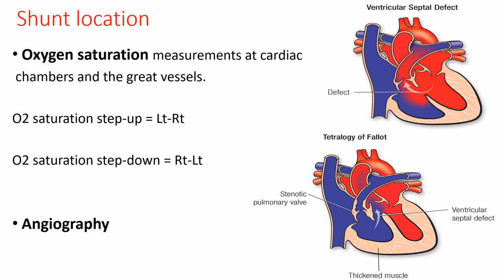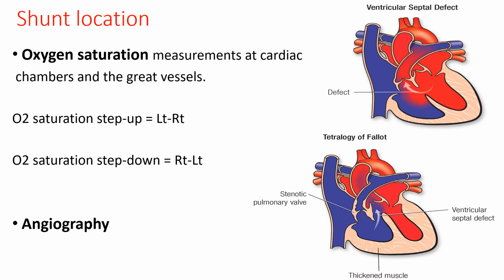We say in this case that there is an oxygen saturation step up. So there is oxygenated blood coming to the right atrium from the other side. So we suspect now that there is an ASD shunting left to right, or there are abnormal pulmonary veins draining into the right side instead of draining into the left atrium.